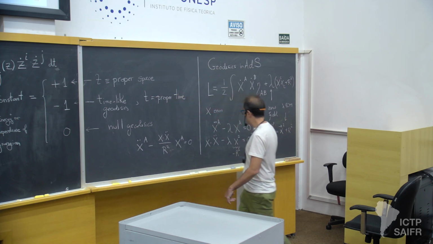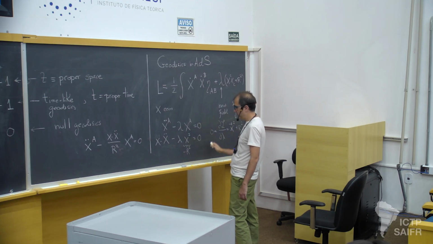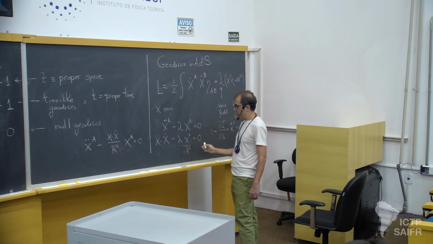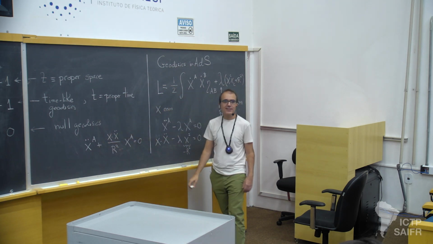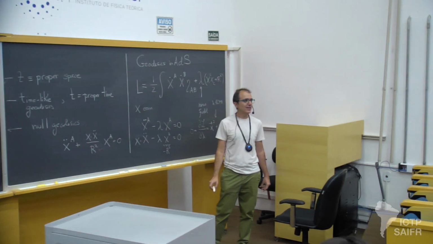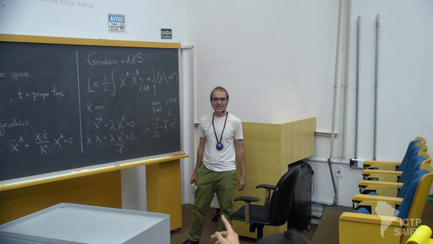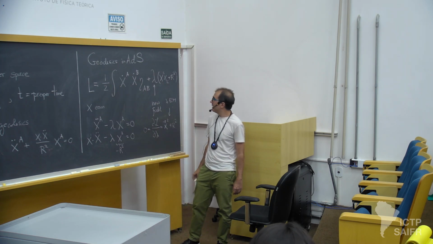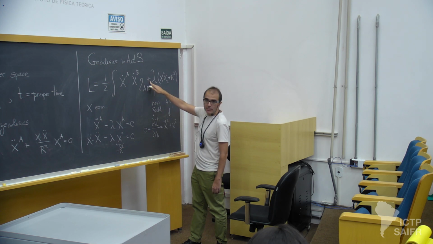Is the sign correct or wrong? Let's see, there is a minus, there is another minus. I put it on the other side, so there is an overall minus. And here there was a minus, so it's plus. Okay. Good? It doesn't matter, because I could define it here with a plus or with a minus.